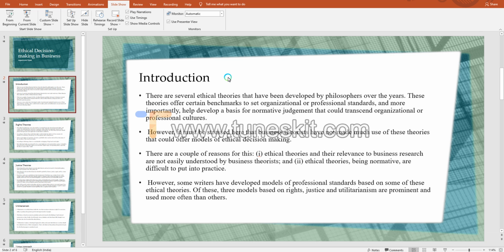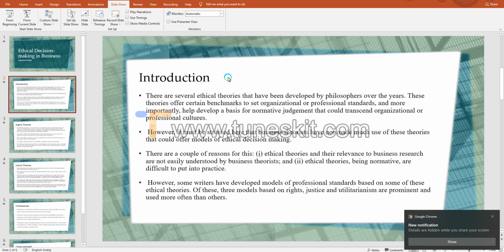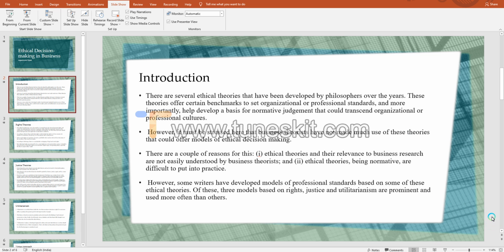They set organizational standards or professional standards, and more importantly, those theories might help to develop a basis for normative judgment that could transcend organizational or professional cultures. So basically, what does it say? It says that if you are going to apply ethics in business spheres, then you have to go through certain theories.